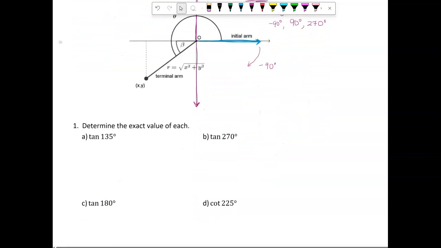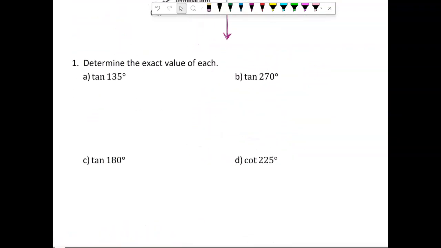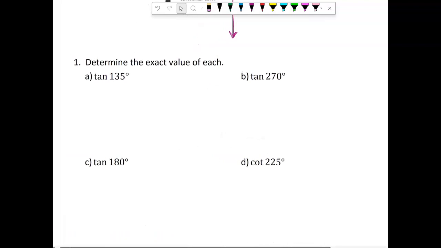Okay, so now let's use our knowledge of the tangent function to determine the exact value of various angles. As we look at tangent of 135, remember we always try to do a sketch to see which quadrant it's in, and 135 is over here. When we look at this, we look at the slope. 135 is on a 45 degree angle from the 180 side, and a 45 degree angle means it's that perfectly diagonal line.